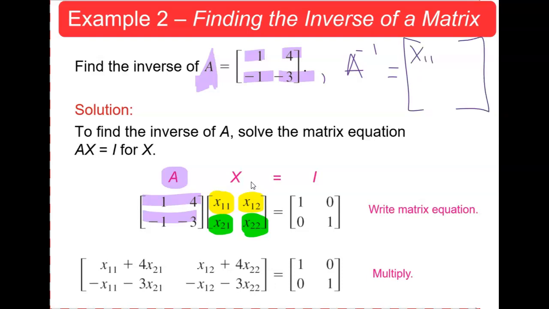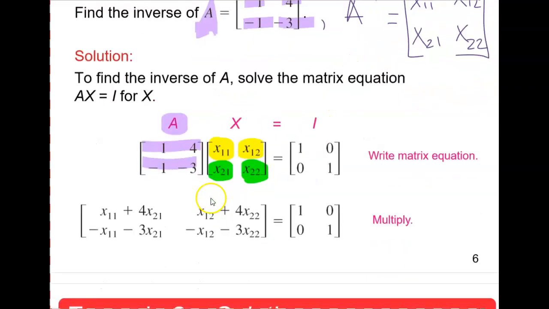What are the numbers that will go in the first row, first column, first row, second column, second row, first column, and second row, second column, so that we can have the inverse of matrix A?